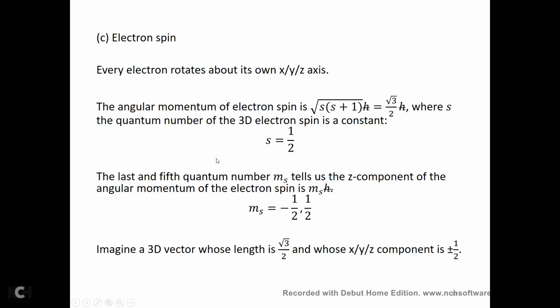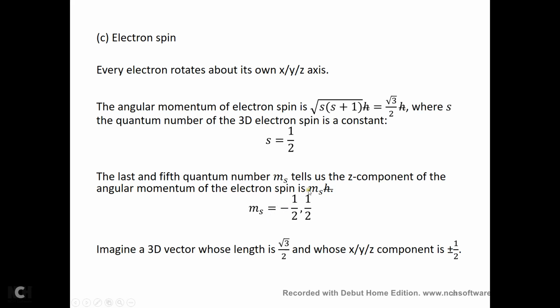Finally, there's the last and fifth quantum number, m sub s. That's the z component of the angular momentum of the electron spin. And that z component is always positive or negative 1/2 h bar. So this m sub s is plus minus 1/2.